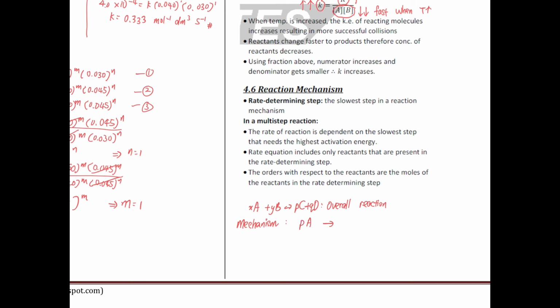Let's say we have M amount of A change to P amount of C, plus, let's say, I simply create another thing, E. Then R amount of E react with Y amount of B to get, let's say, Q amount of D.